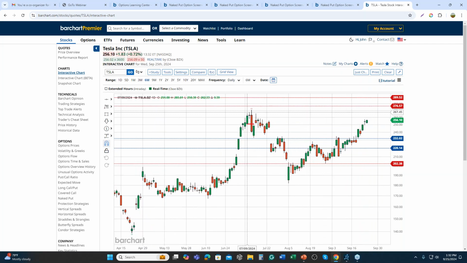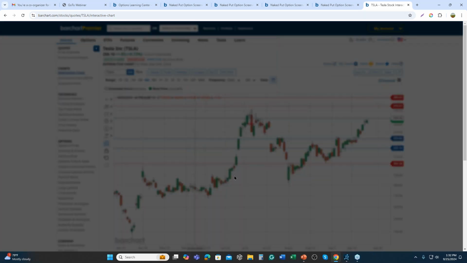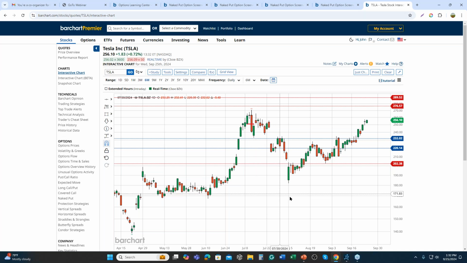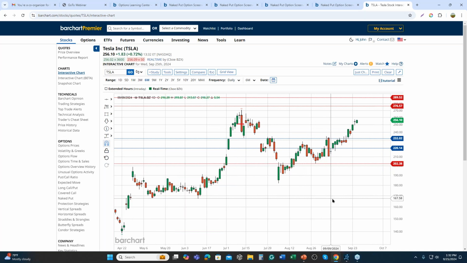And so I did draw some lines prior to starting today's session. If you're not familiar, you can find how to use drawing tools. It's very easy to do that. So I did preset some of these to help speed up our process. So let's just do this from a very simple technical analysis idea called support and resistance.